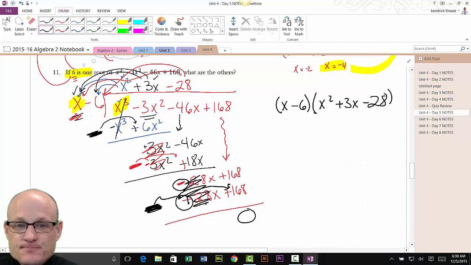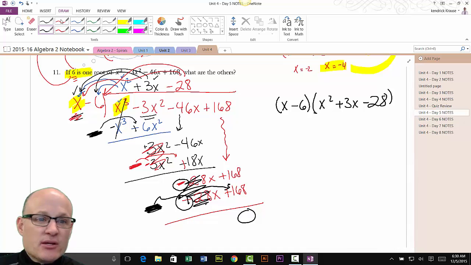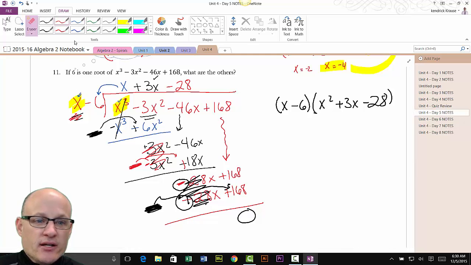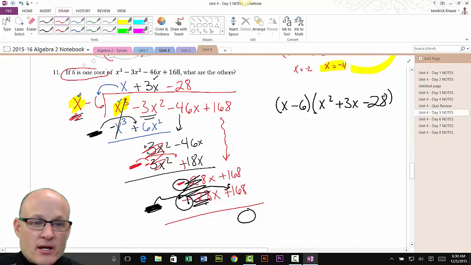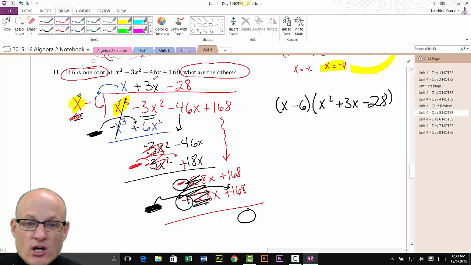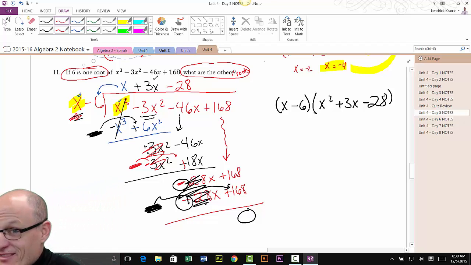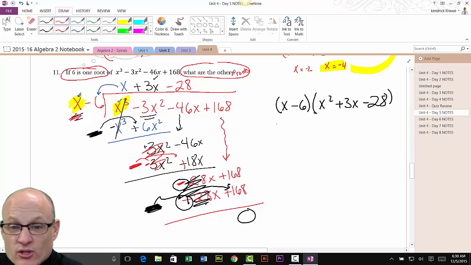Now, what did I ask for? I said here that 6 is one of my roots. What are the other roots? So what I'm looking for here are the other roots, not the other factors. But in order to find the other roots, I have to finish factoring this.